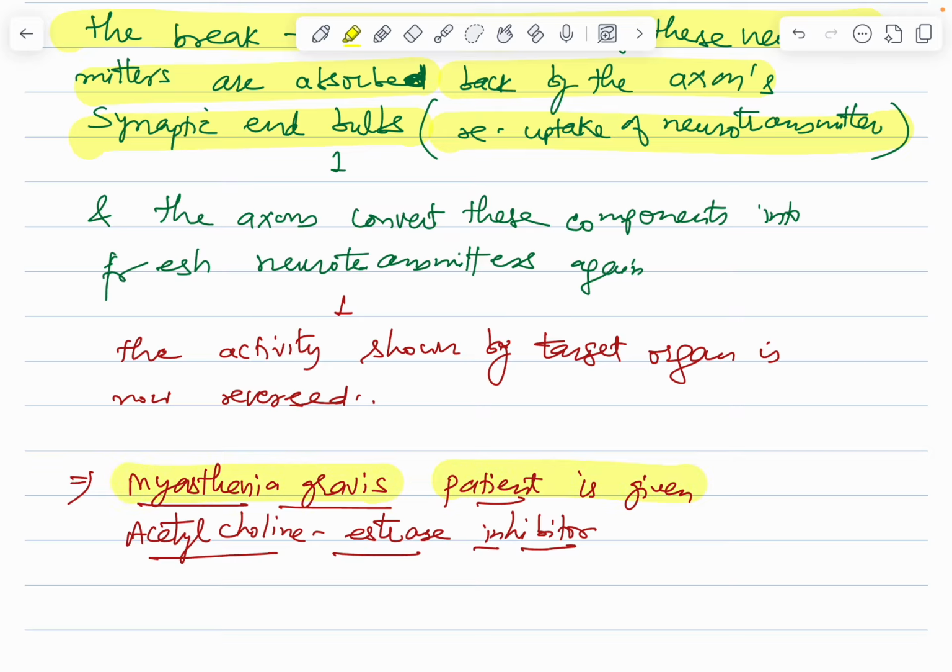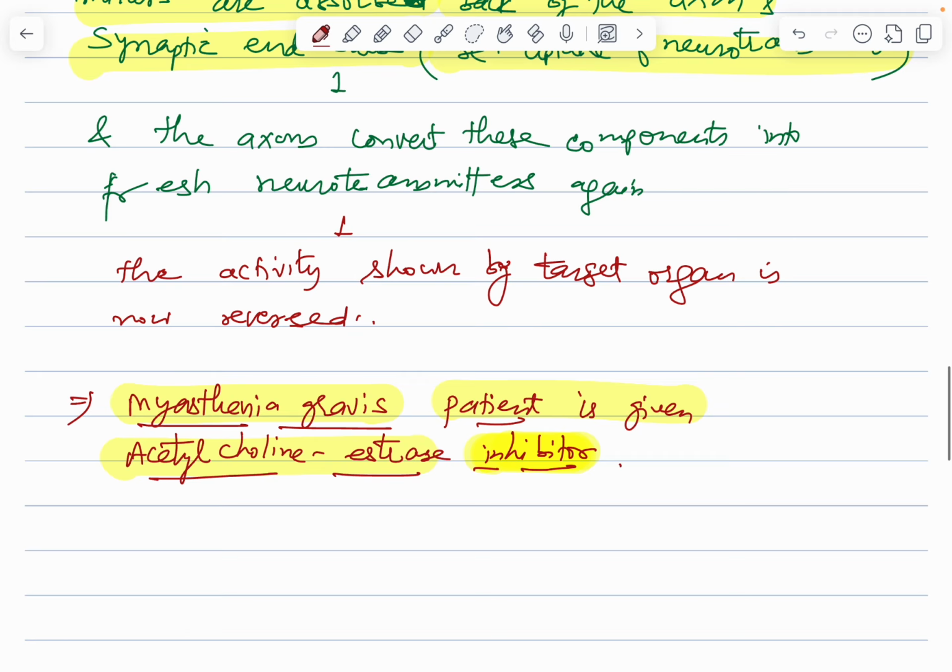A myasthenia gravis patient is given acetylcholinesterase inhibitor. That means inhibition of the acetylcholinesterase enzyme is done in them.